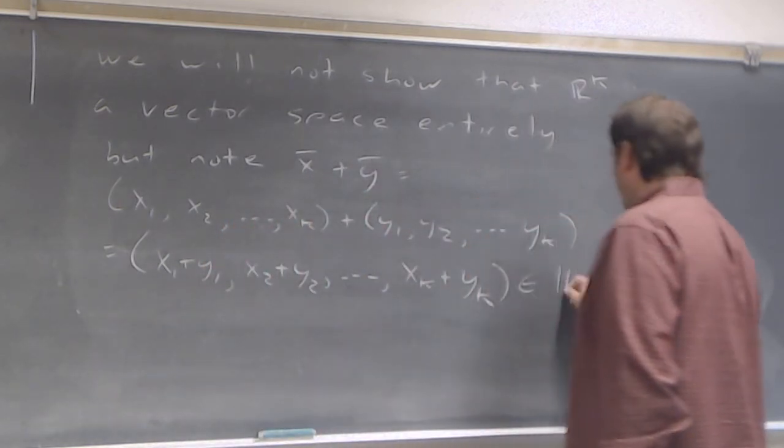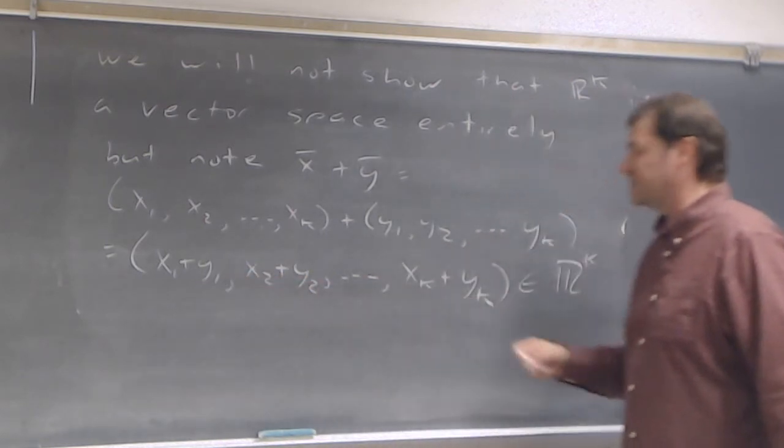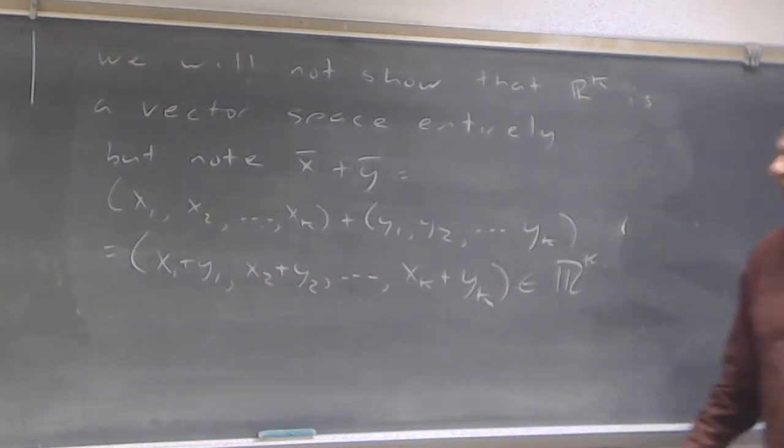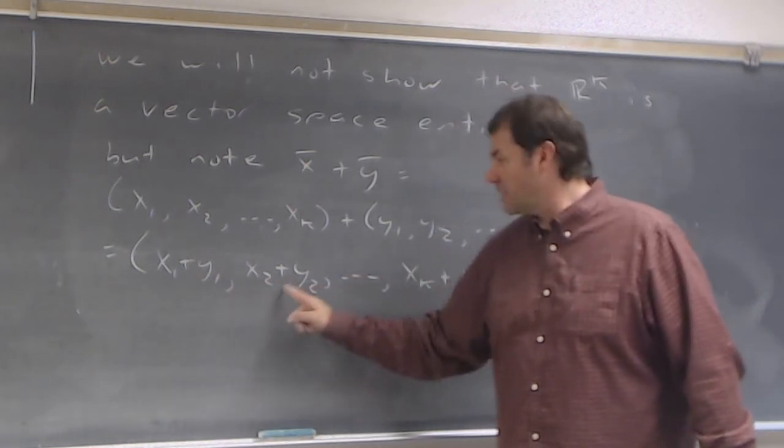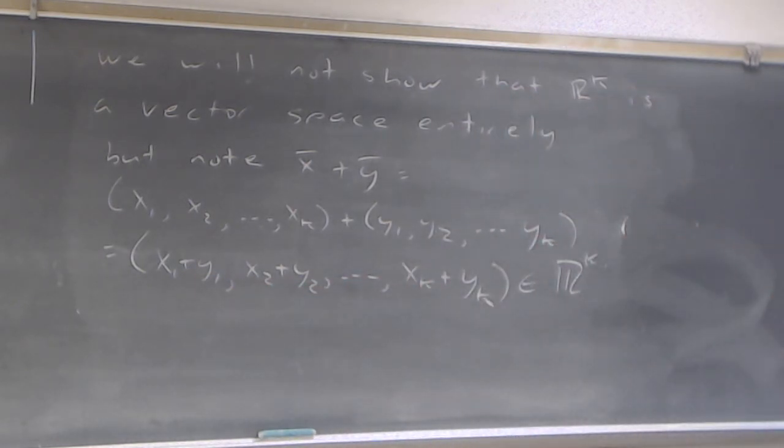And this would be in RK, and the reason is that there are k number of entries, k number of coordinates, and each coordinate is a real number. Because if you add two real numbers together, you get a real number. So that would show the first property.